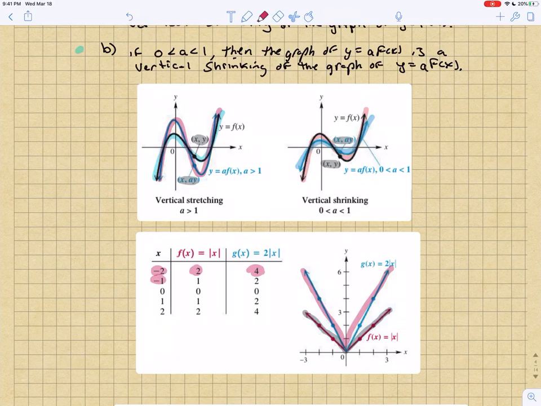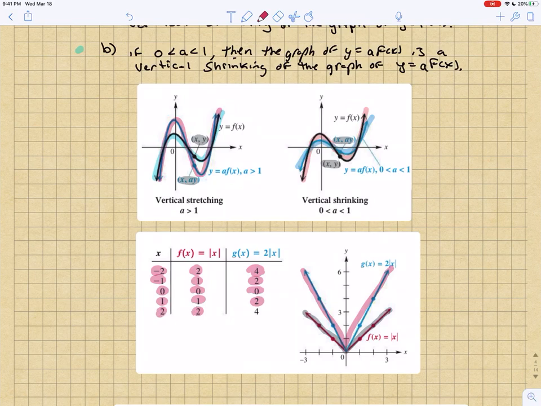Negative 1, when I process that into the original function, I get 1. But with 2 times the absolute value, the y values are twice as large. 0, well, I can't make twice as large as 0 because it's just 0. When I put 1 in, I get a 1 for the result. But 2 times the absolute value of x gives me twice the value, or 2x.